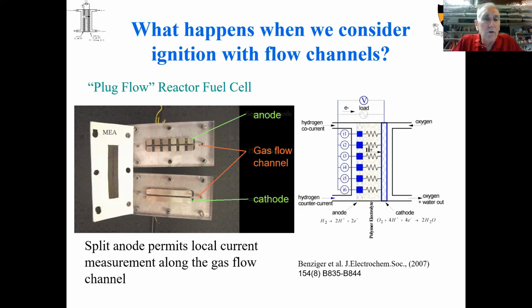And so in order to look at what happens as a function of distance along the flow channels, we made a segmented anode where we had 6 segments that allowed us to look at the current as a function of distance between the flow inlet and the outlet of the fuel cell.